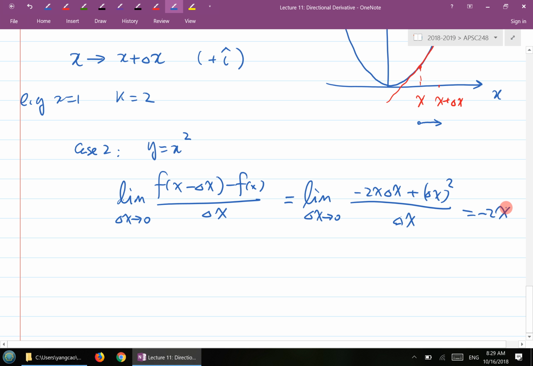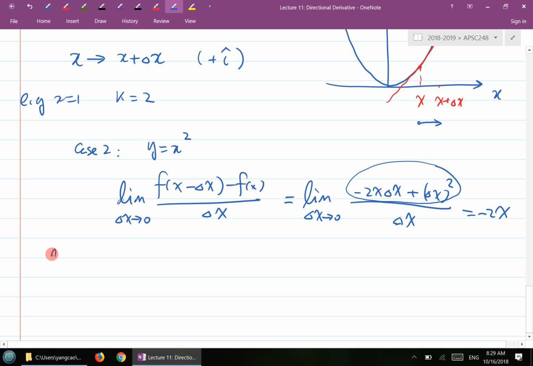So basically, plugging x minus delta x into here, plugging x over here, you end up with this expression, and then get rid of a delta x here, and you get a negative 2x when delta x equals 0.